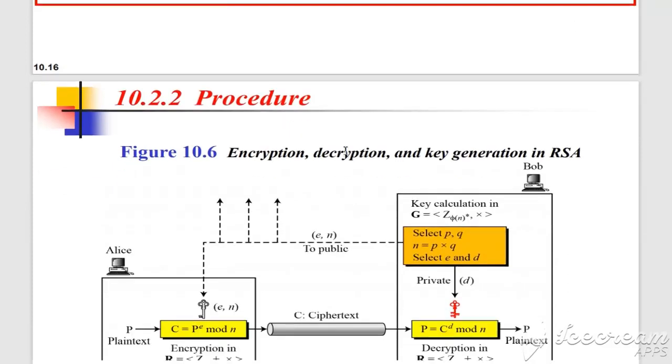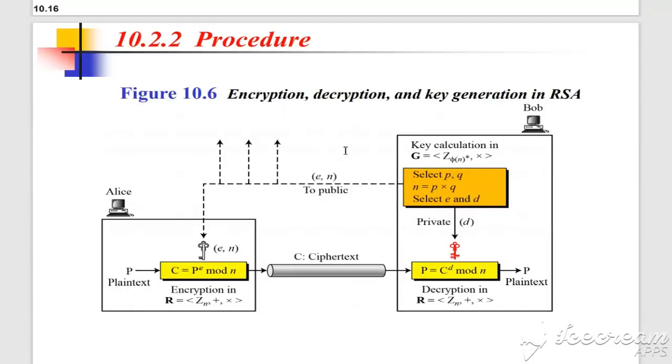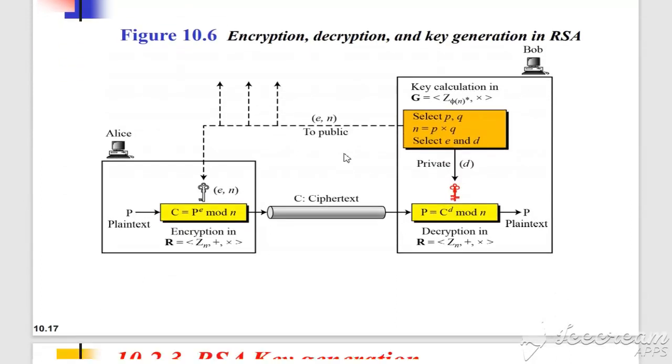So let us move to the next slide. Here you can see the encryption and decryption. Here Bob will do some calculation and he will get E and D, that is the public key and private key, and the value n.